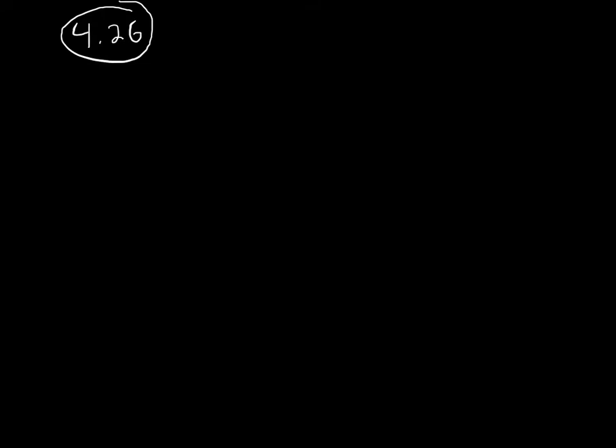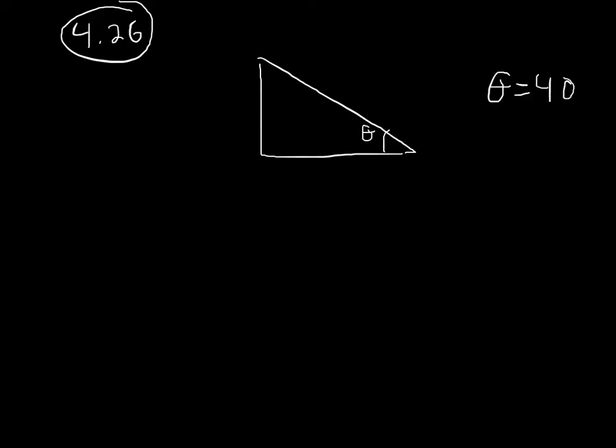So we need to draw the situation that we have. We have this inclined plane, inclined at 40 degrees, so theta equals 40. We have two boxes. We have a 5 kilogram box sitting here, which I'll call box number 2.